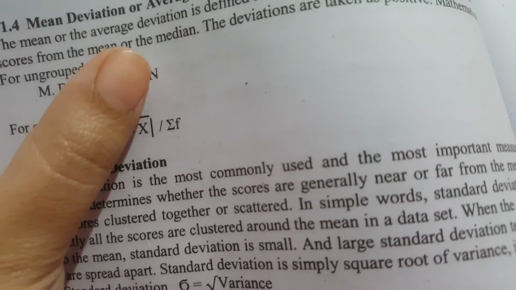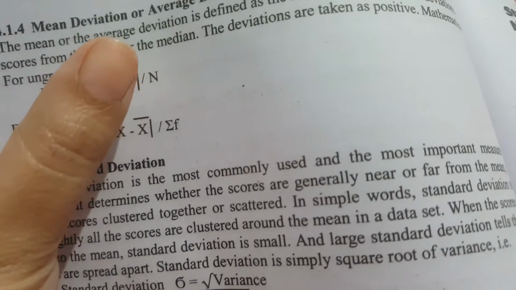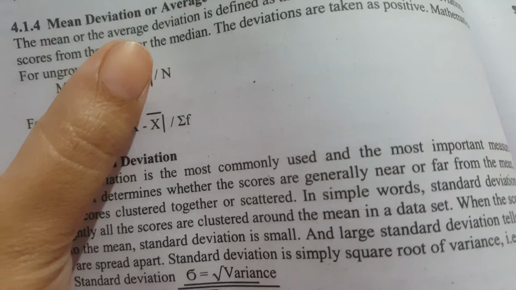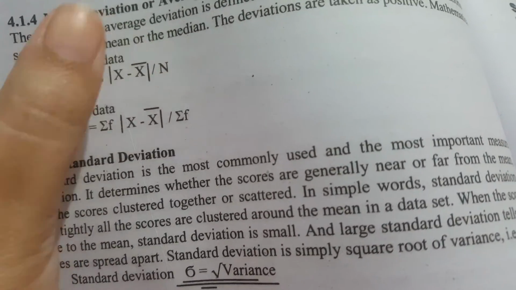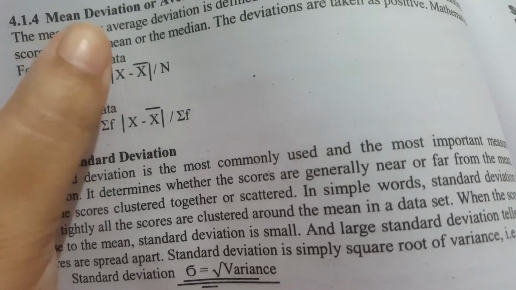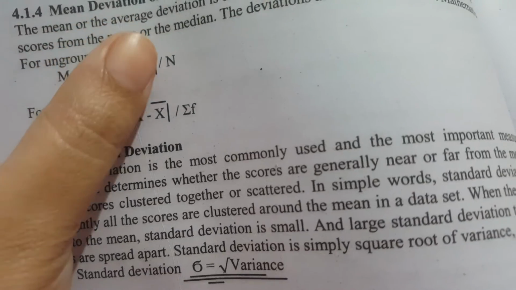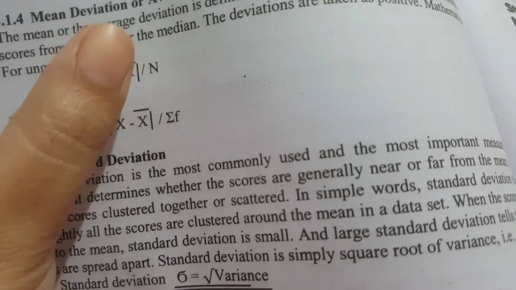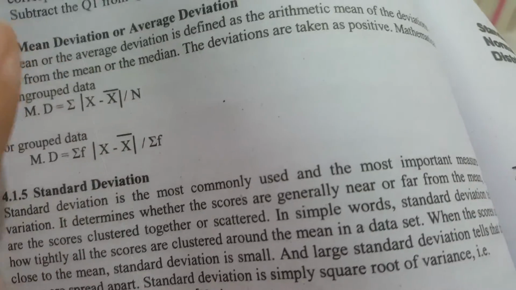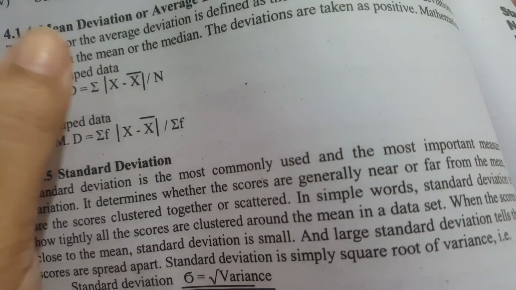Median is the central value. If there is an odd number of values, it would be the central value, and if there is an even number, it would be the sum of the two in the middle divided by two. But in this there is a condition to arrange the data in ascending order.